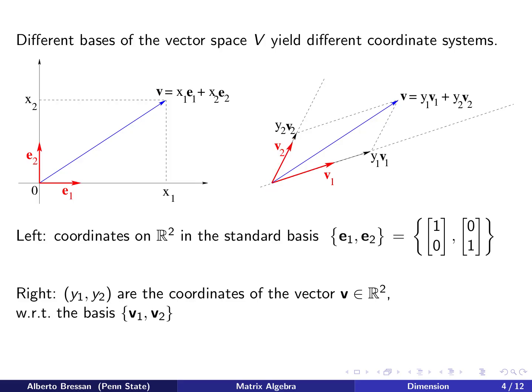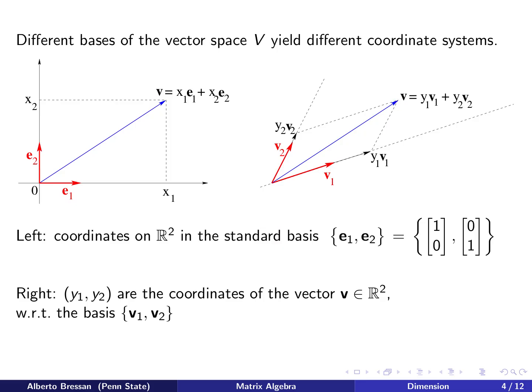And then what does it mean if I give a coordinate? How do we find the vector that's associated with this coordinate? Well, you have y1 times v1 plus y2 times v2. That will be the new vector.